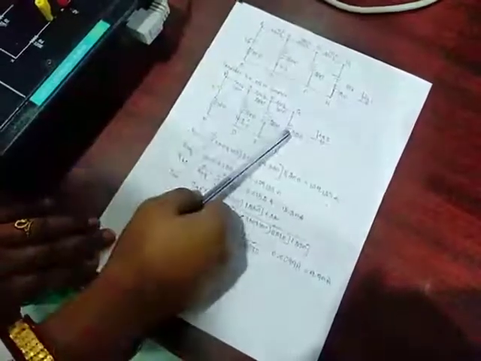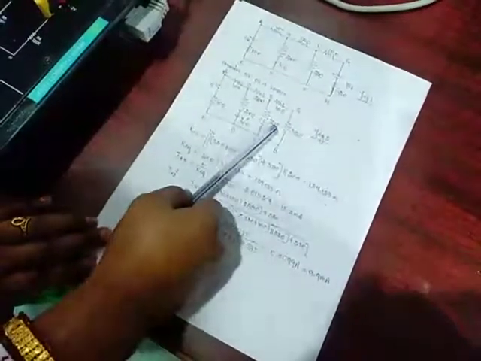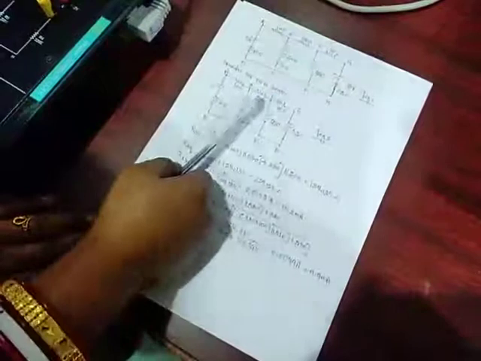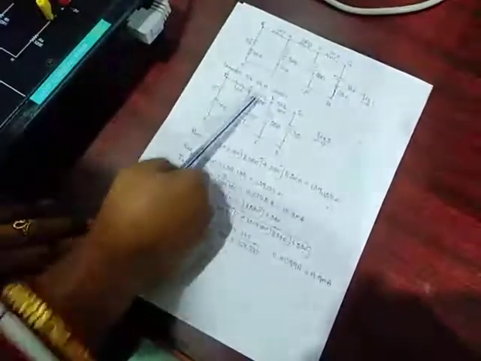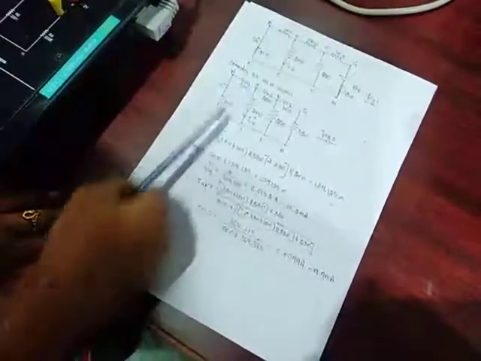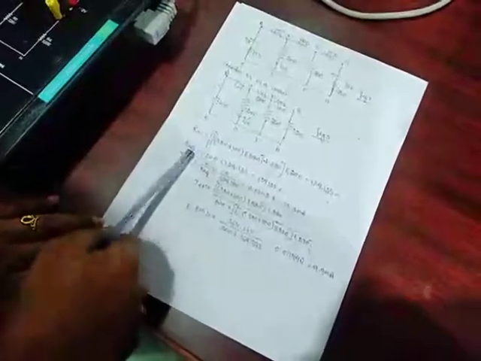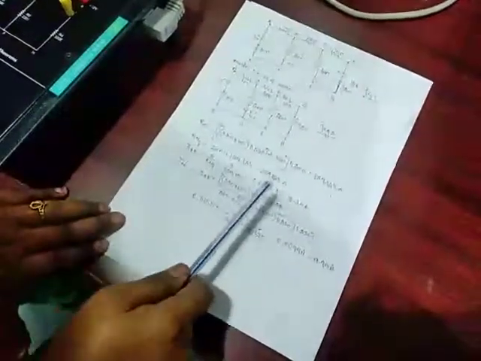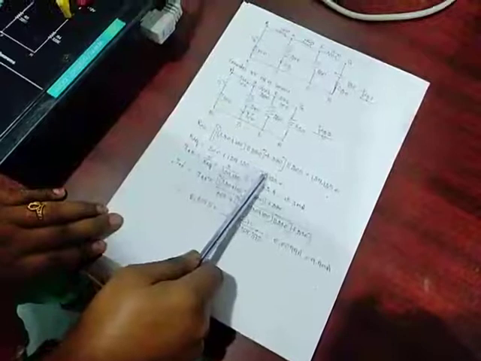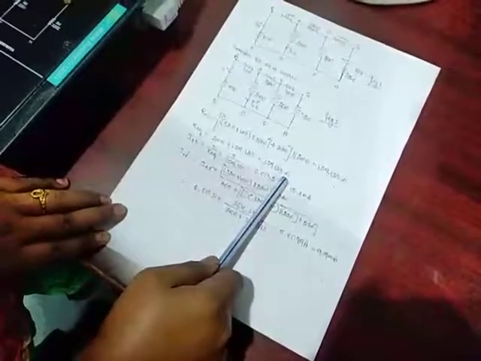Again, repeat: 320 and 100 are in series. They are in parallel with 220. Sorry, series with 220. Again they are in parallel with 200. Then their equivalent is in series with 100. Finally, the total equivalent resistance you have calculated is 329.125 ohm.